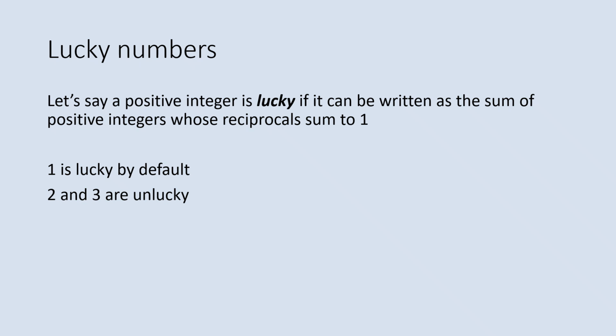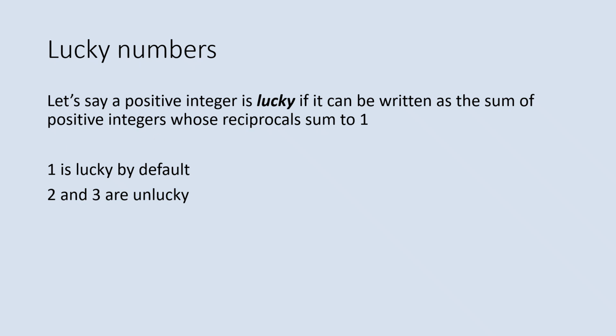And so 2 by itself, its reciprocal is 1/2. That's not 1. And 1 plus 1, when we look at those two values, 1 over 1 plus 1 over 1, well, that's 2. And that's also not a reciprocal summing to 1.